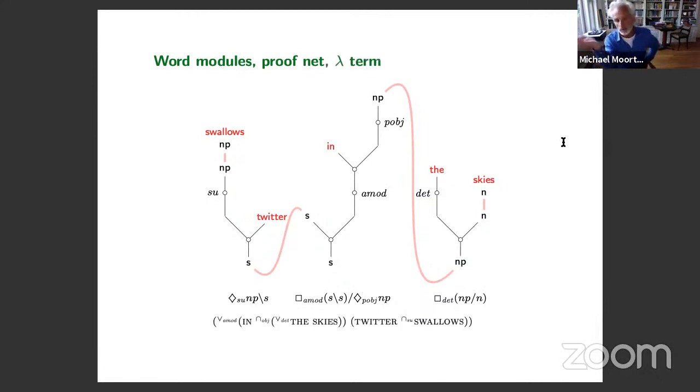So then finally, from a proof net, by the usual Curry-Howard correspondence, you can extract a linear lambda term.